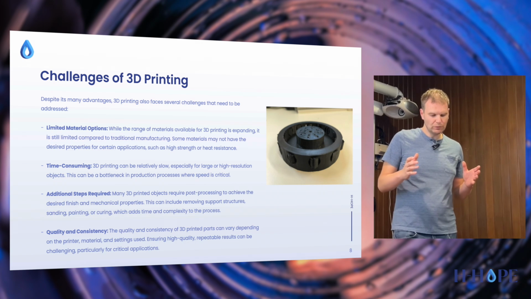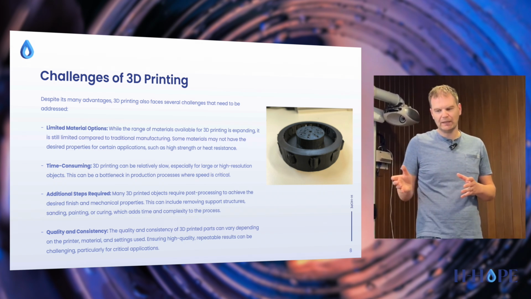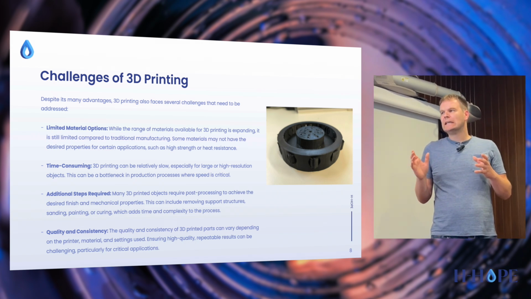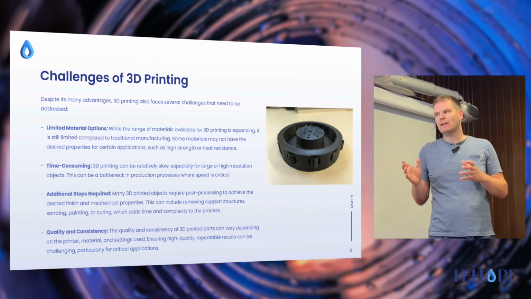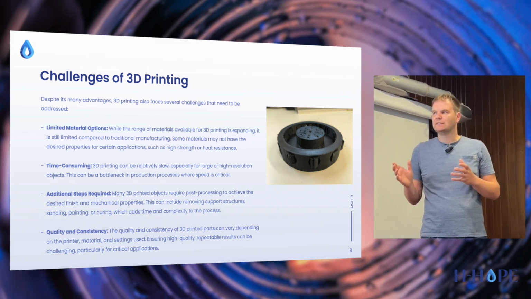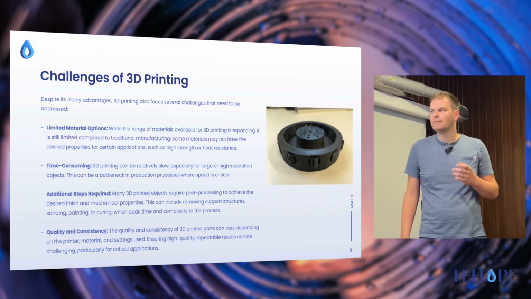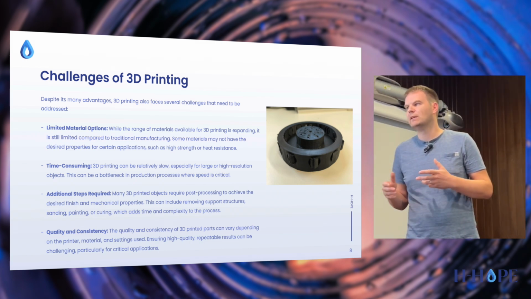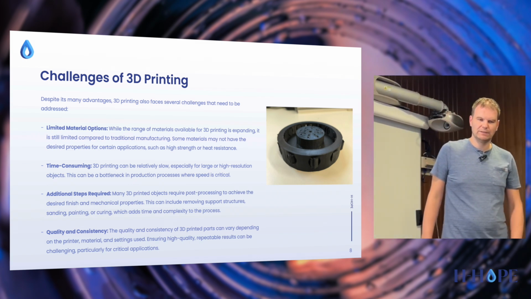And even if you use the same printer and the same material for two objects, the objects can have some differences. So it's quite a challenge to use 3D printing when you need high quality critical applications.